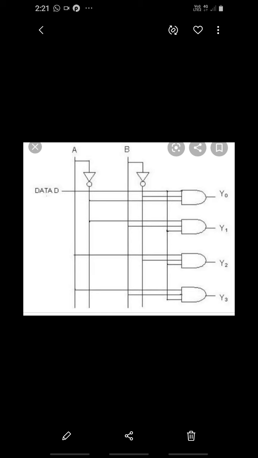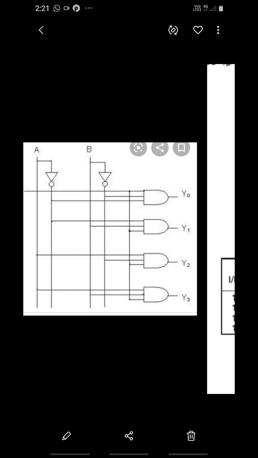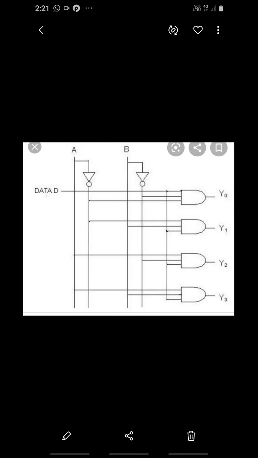We can draw it according to the above outputs. So here D is the single input and it gives 4 different outputs, that is Y0, Y1, Y2 and Y3.